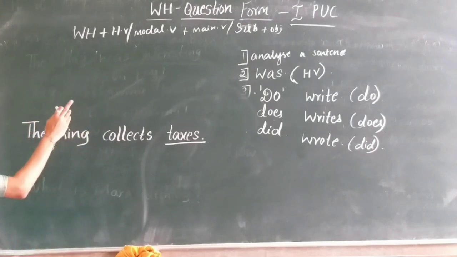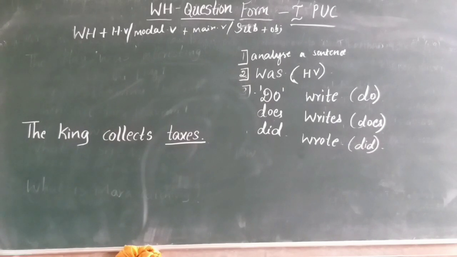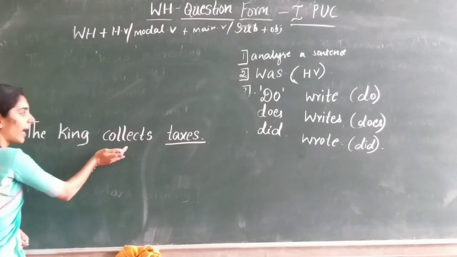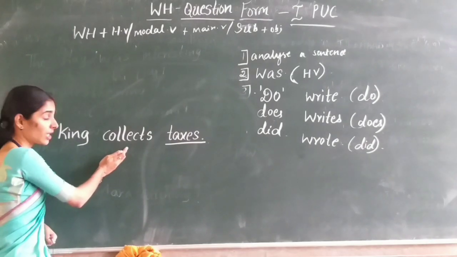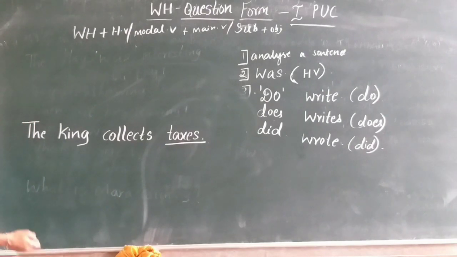Now what you have to do, the first thing is analyze the sentence, and the second is identify if there are any helping verbs or modal verbs. So do you find any helping verbs here? No. Right, the king is the subject and collects is the main verb and then taxes, that is the object. So when you don't have a helping verb, what do we have to do? We have to write the right form of do.